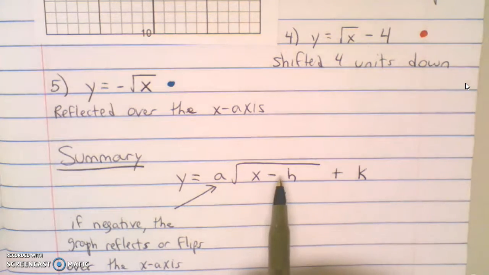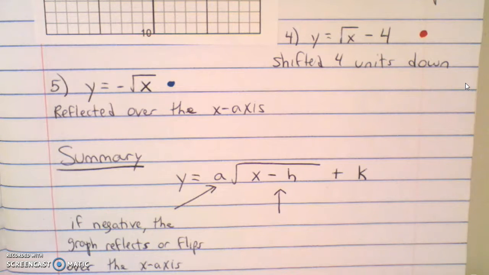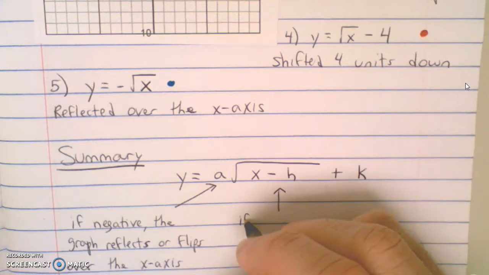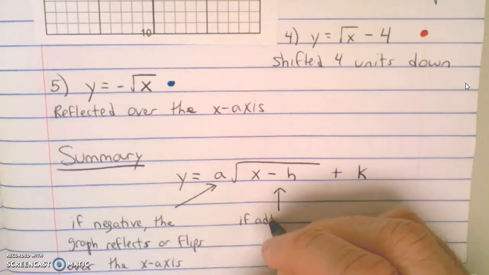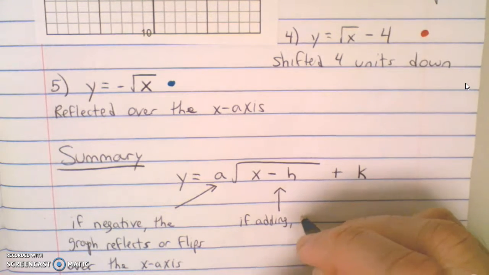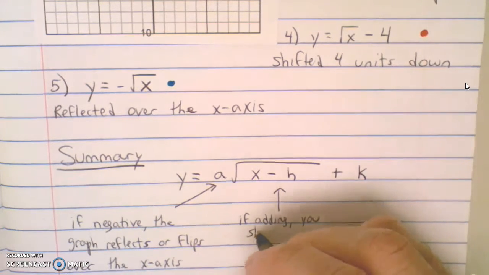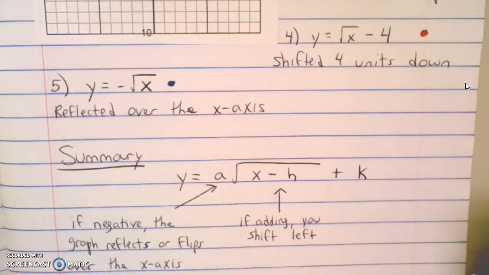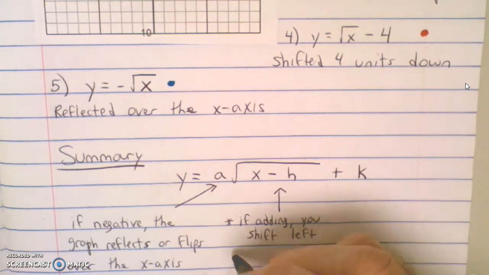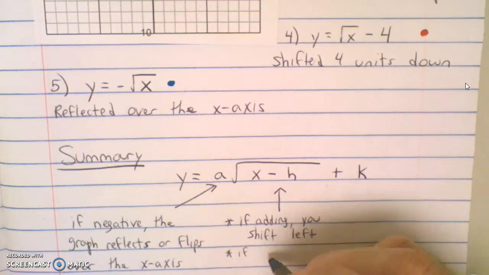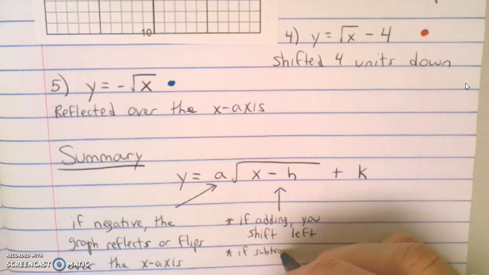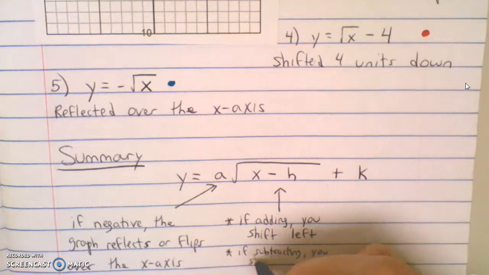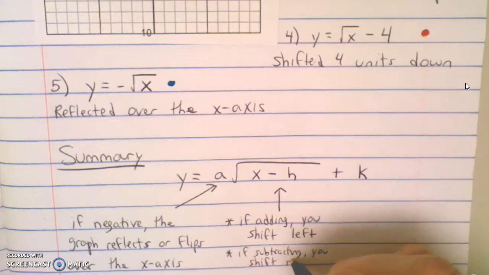So if you're underneath the square root symbol, if you're contained within the square root, you do the opposite. So if adding, you shift left. If subtracting, you shift right.